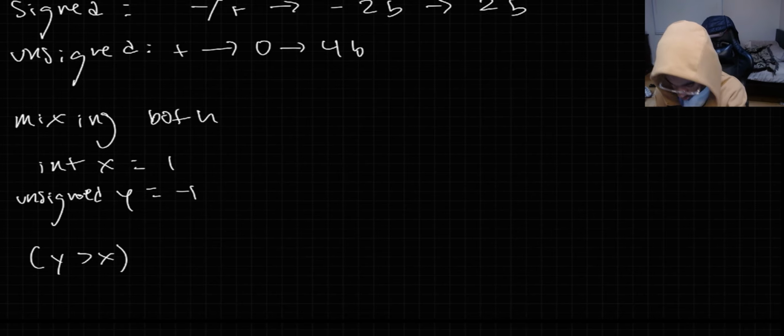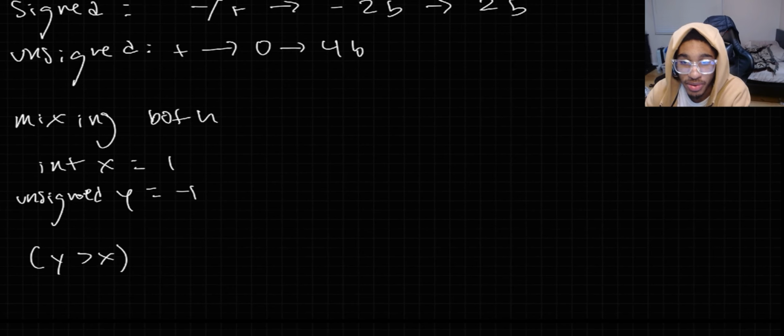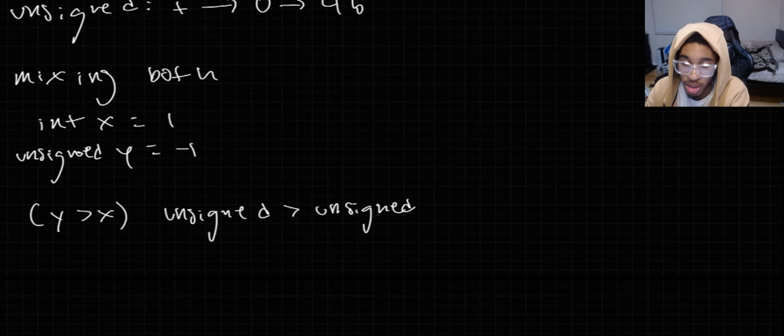So this is what happens. In an expression like this, or when signed and unsigned are mixed, the signed value is going to be converted to unsigned type. So essentially, we get unsigned compared to unsigned. But the tricky part is unsigned values can only represent positive numbers.